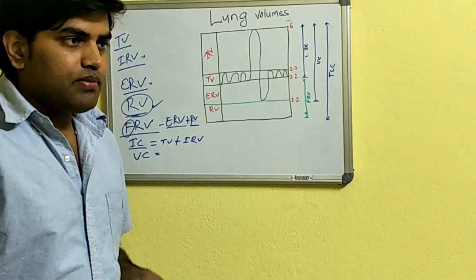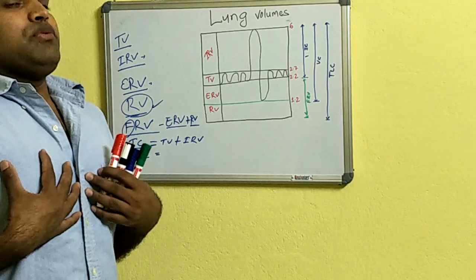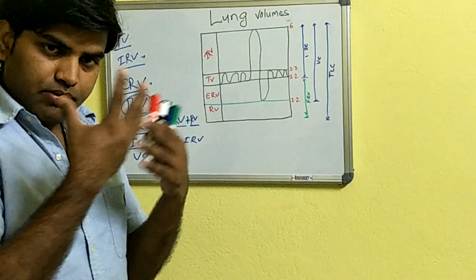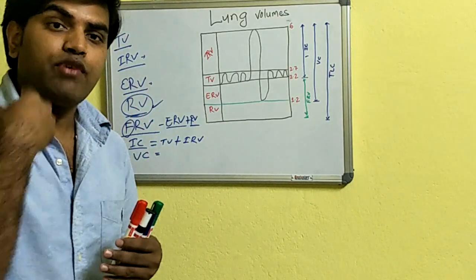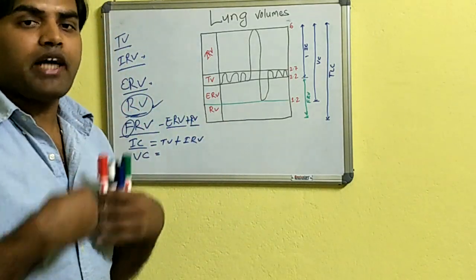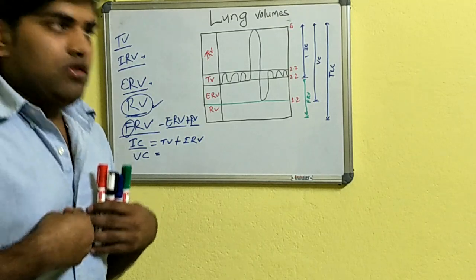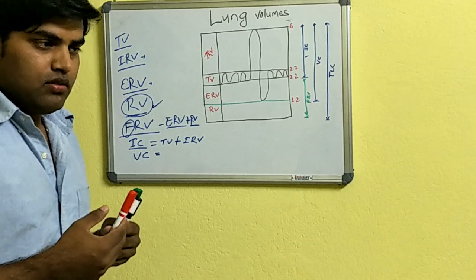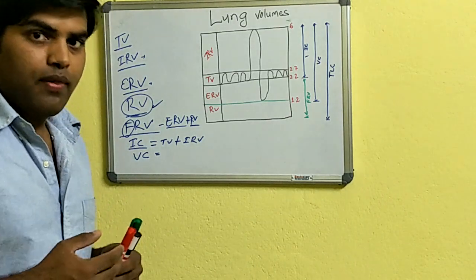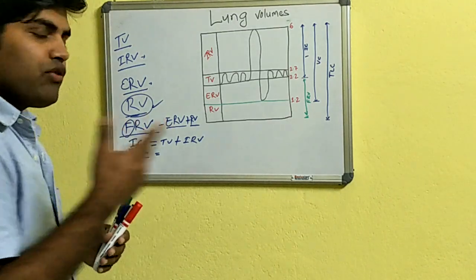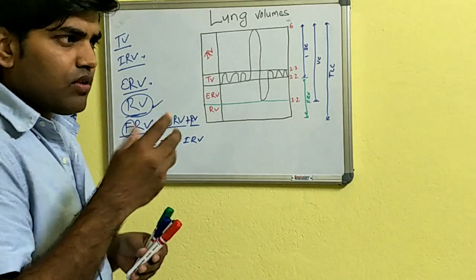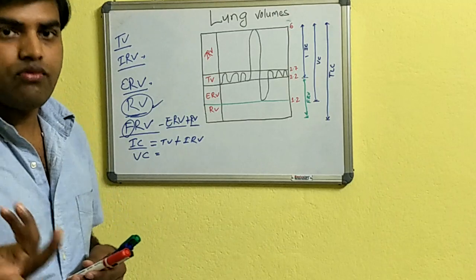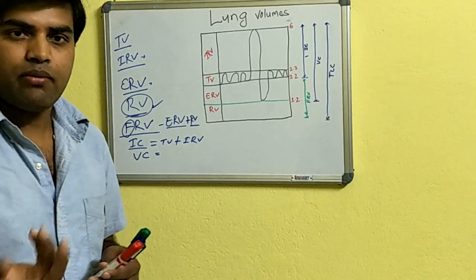After inspiring forcefully to the maximum, the amount of air that can be expired forcefully is the vital capacity. When we inflate a balloon, that is one use of your vital capacity.